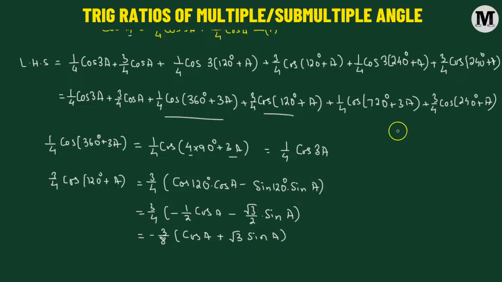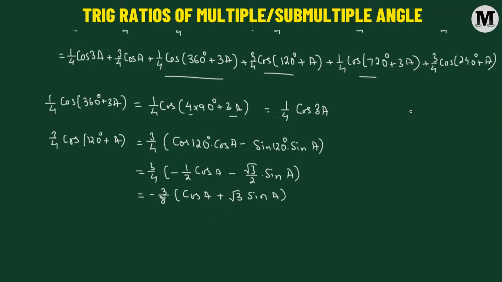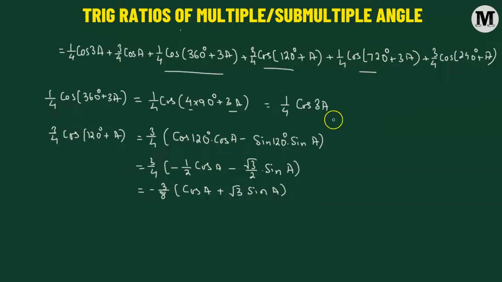Next we're going to work on 1/4 of cosine of 720 plus 3a. Here we have 1/4 of cosine of 720 degrees plus 3a. This will be equal to 1/4 of cosine of, now 720 degrees can be expressed as 8 times 90 degrees, plus 3a.